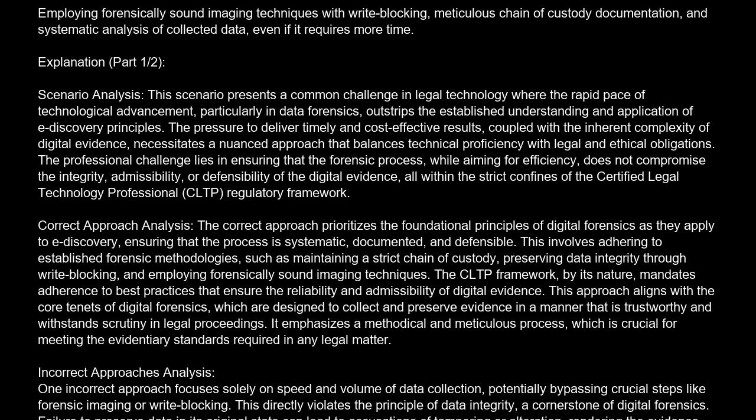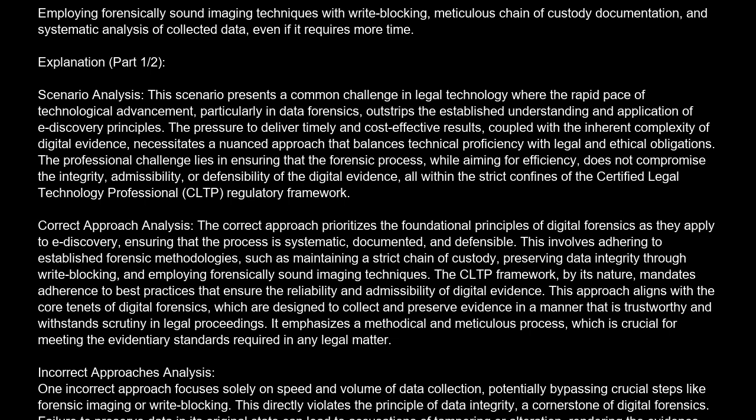The professional challenge lies in ensuring that the forensic process, while aiming for efficiency, does not compromise the integrity, admissibility, or defensibility of the digital evidence, all within the strict confines of the Certified Legal Technology Professional (CLTP) regulatory framework.